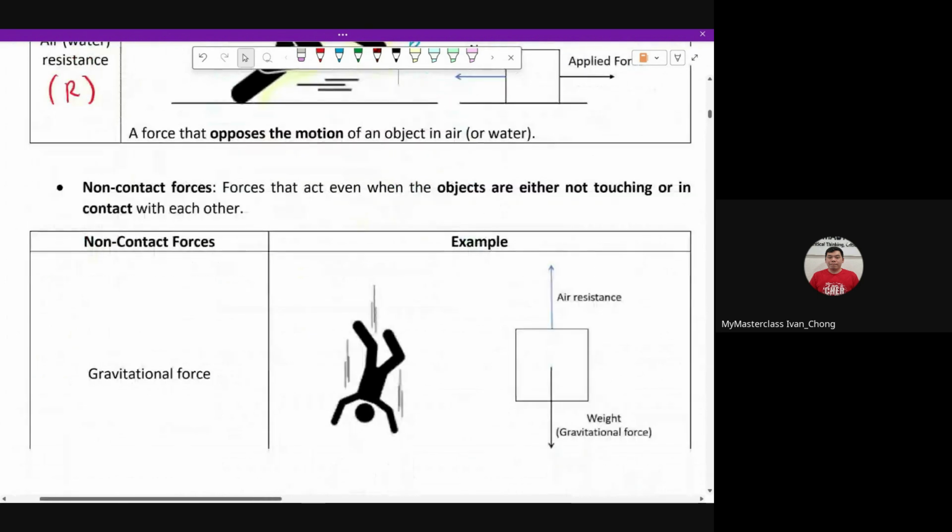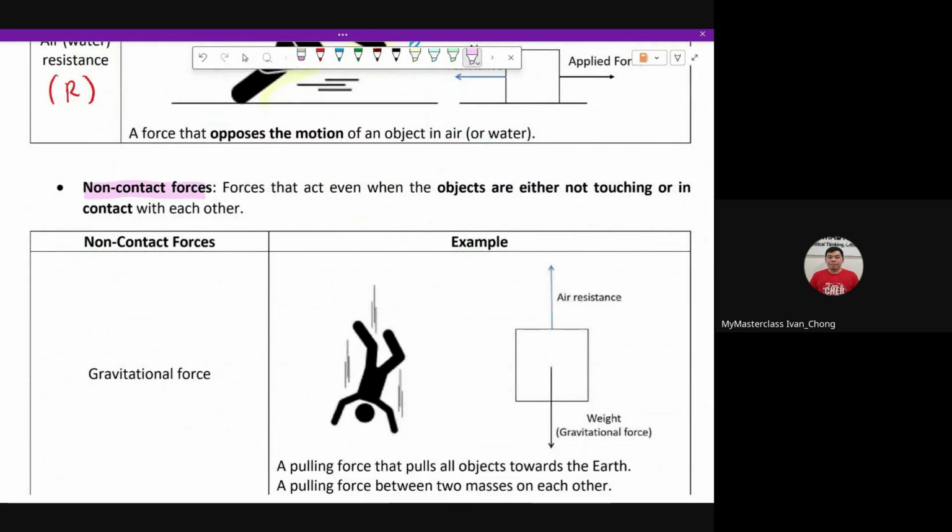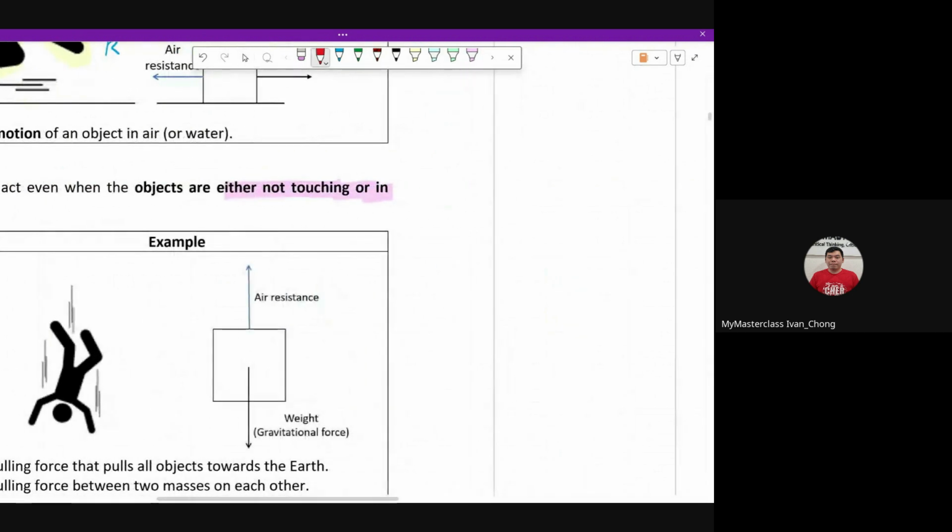Next, for your non-contact forces, basically non-contact forces is a bit special. It's either you're touching or not touching. So it's more of an either or and not just a simple it's not touching. Because let's say my favorite box is in the air, or is on the ground, your non-contact force, which is your weight, is acting on your object.